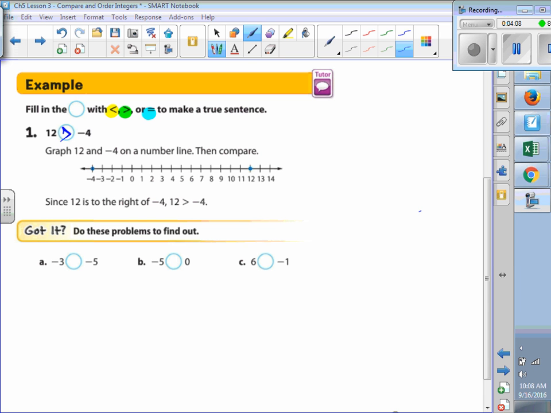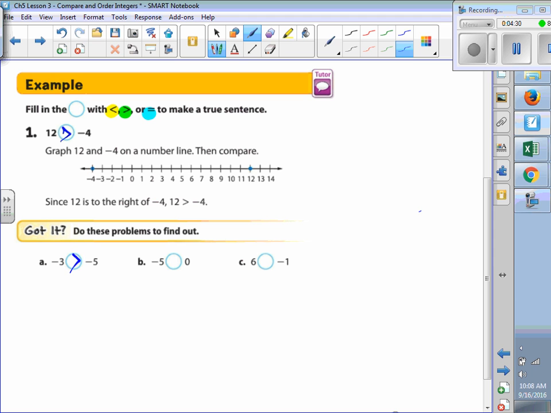So for letters A through C, we're looking at negative 3 compared to negative 5. Now, which one is further to the right? Negative 3 is further to the right. So what is it going to be? Less than, greater than, or equal to? Greater than. Very good.